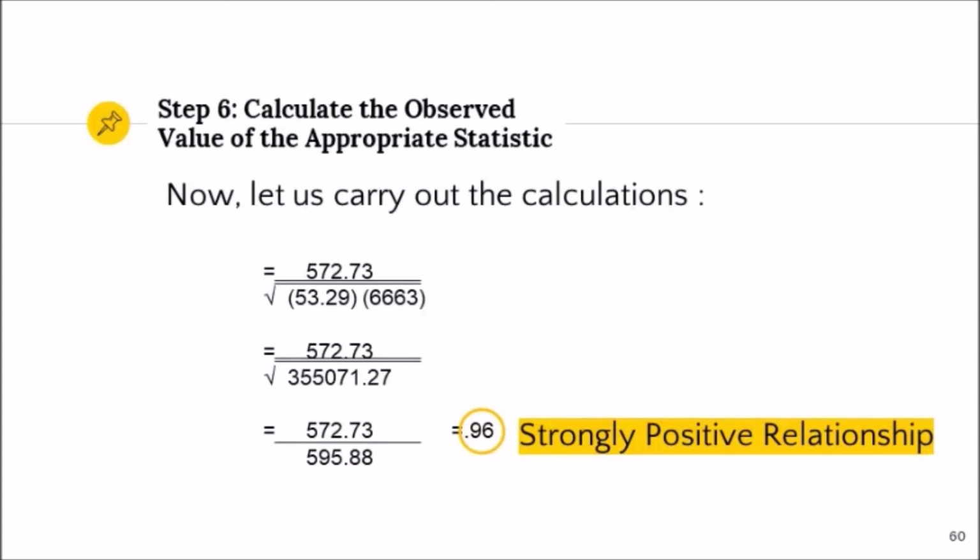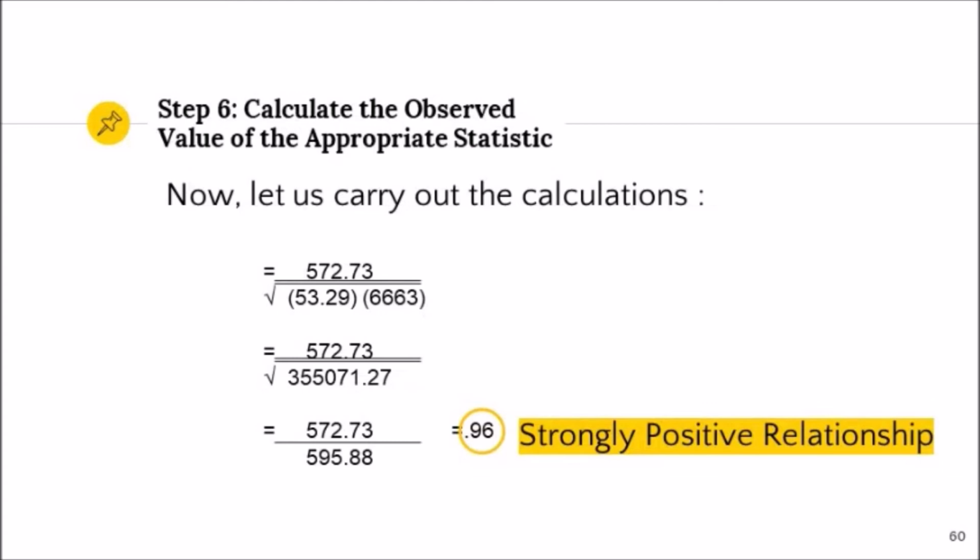572.73 will be divided by the square root of the product between 53.29 and 6,663. The answer to that is 355,071.27. Now the square root of the aforementioned value, we get 595.88.